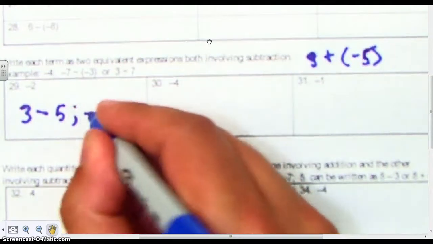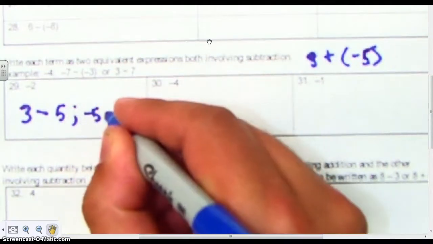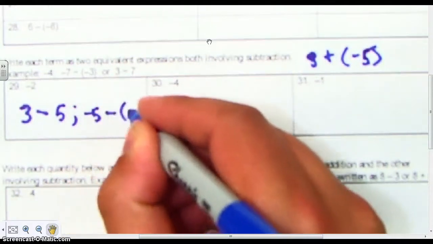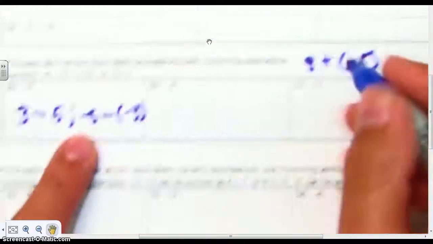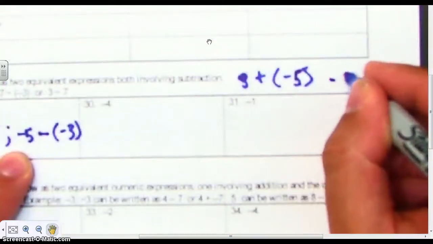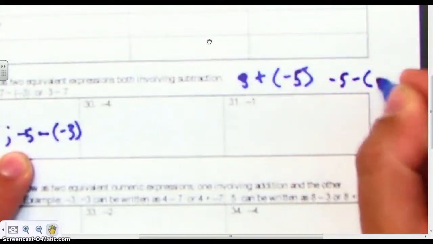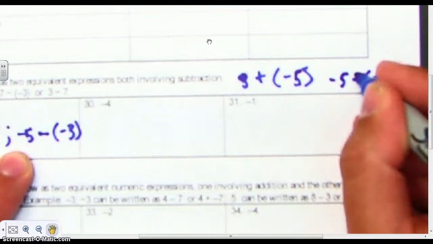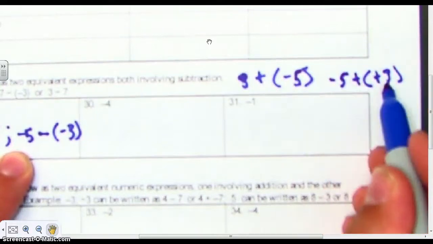Another way to do it is you could just lead with the negative 5 and subtract a negative 3. Let's try that. Minus negative 3. And if we add the opposite, negative 5 plus 3 would be negative 2.